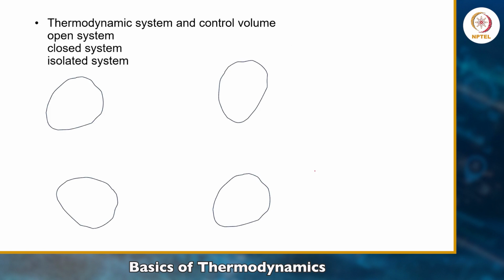Now thermodynamic system and control volume. We'll discuss open system, closed system and isolated system. This is a system, all of these are systems. This is called the boundary, and this is the surrounding.